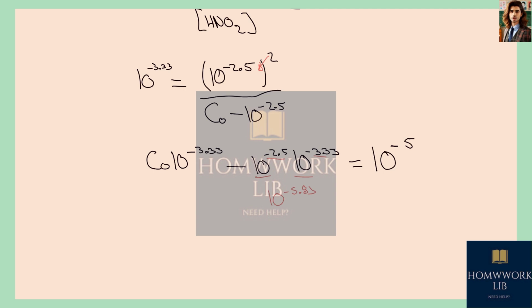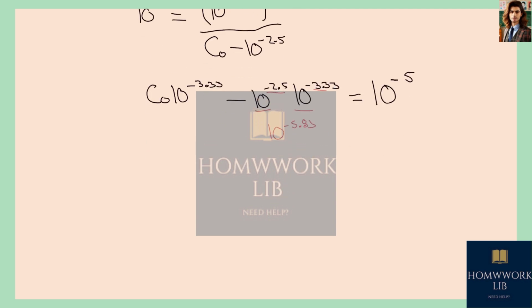Okay. Now isolating for C0, we have C0 is equal to 10 to the minus 5 plus 10 to the minus 5.83 divided by 10 to the minus 3.33.